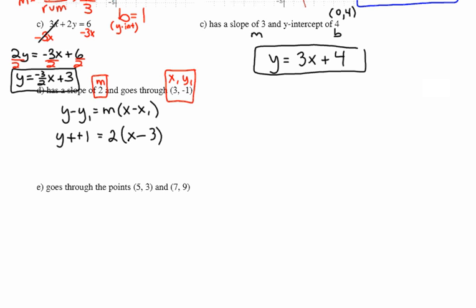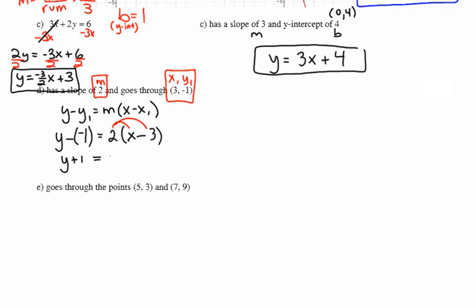Okay. So right now there are two problems. y is not by itself, and we have brackets. What do we have to deal with first? The brackets. So let's get rid of these brackets. This side is still y plus 1. This is y minus negative 1, so you realize that's where that became y plus 1.